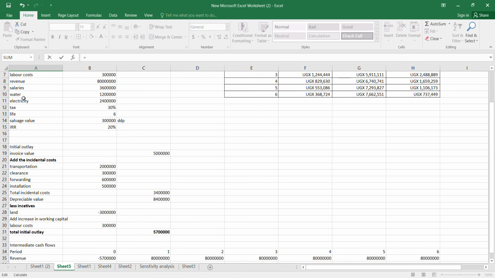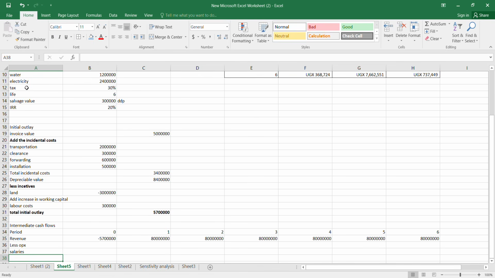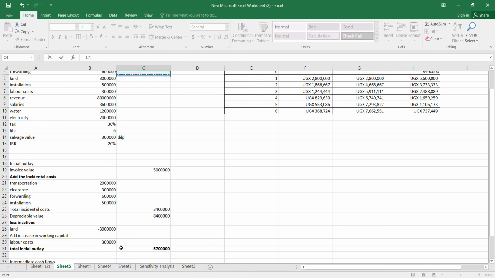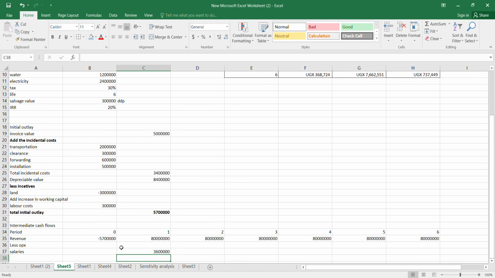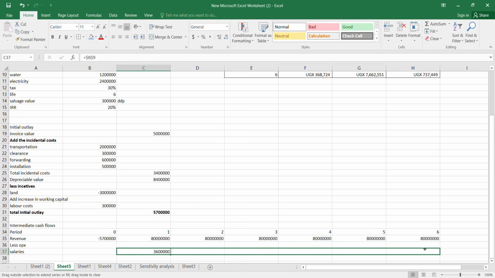In 0 years, we're not paying salaries. We're only paying it in the first year and then continuing. So we shall fix this. F4. Then we drag and drop.